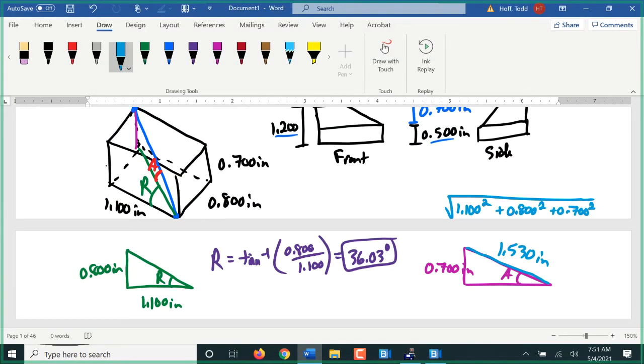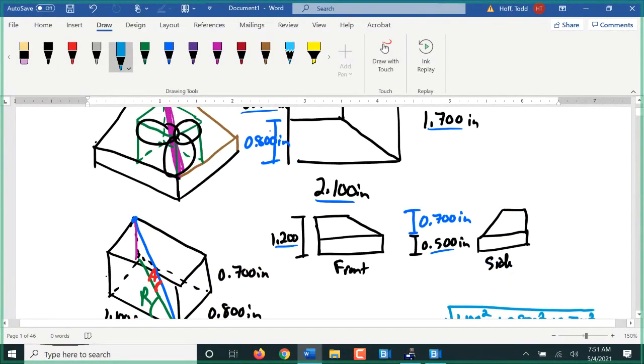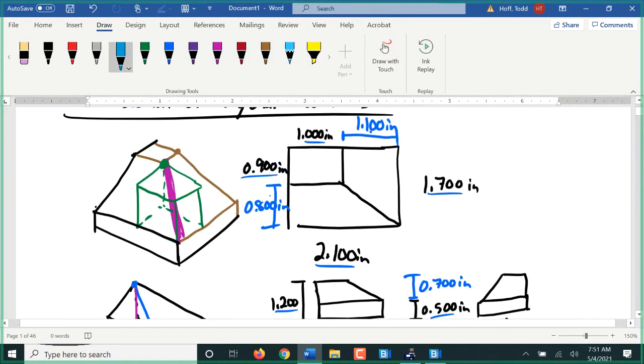That's actually the length of this surface right here that we have highlighted in purple.